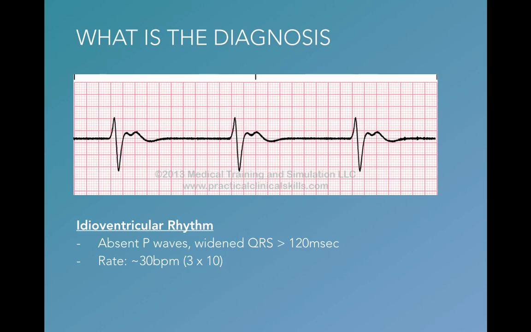If you want to calculate to see what it is, go ahead and do that. You now know the numbers involved for the small boxes and the big boxes. But you can see that the QRS is definitely widened over 120. There's no P waves. Everything else is regular. So this is an idioventricular rhythm.